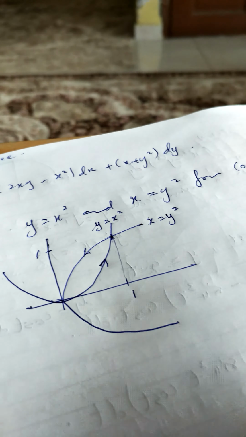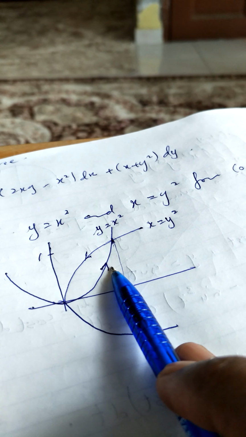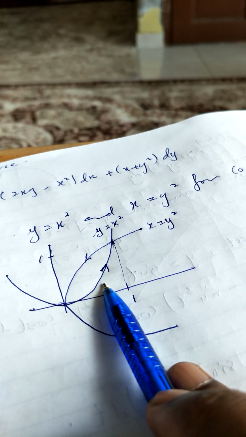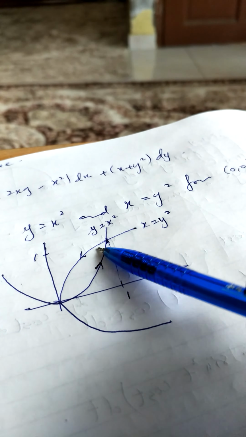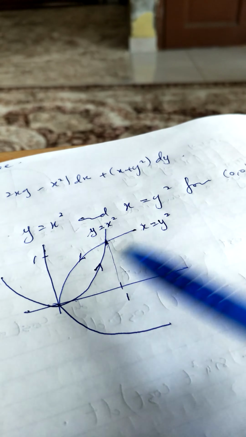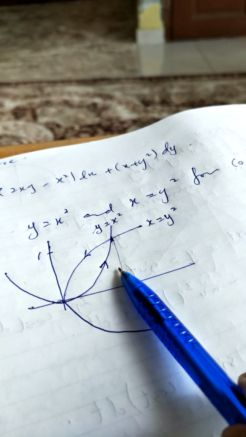Now, for C a closed curve, this is a piecewise smooth curve. Piecewise smooth because we have one curve smooth, two curve smooth. It's not smooth everywhere because here it's not smooth. So in this case, we split that into two.